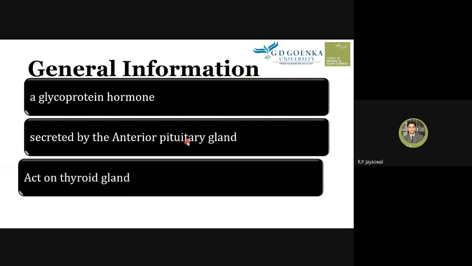TSS has a target organ, so it acts on the thyroid gland. Secreted from the anterior pituitary gland, through the blood it goes to the thyroid gland, and it acts on the thyroid gland.